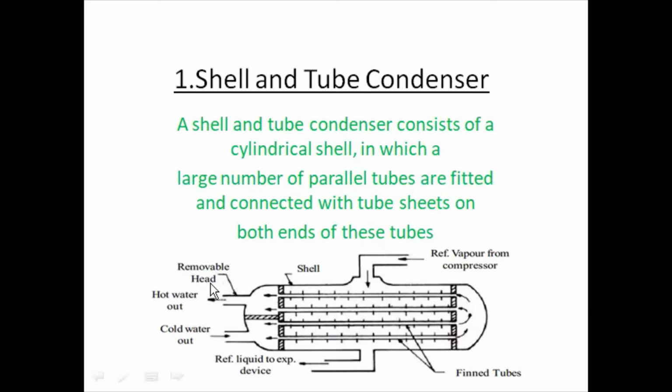Here we have a removable head, a shell, and refrigerant vapor from the compressor which enters this condenser. That is the outlet of the condenser where we have liquid to the expansion device, and this is liquid from the condenser. Here we have fine tubes, this and this and this are also fine tubes.